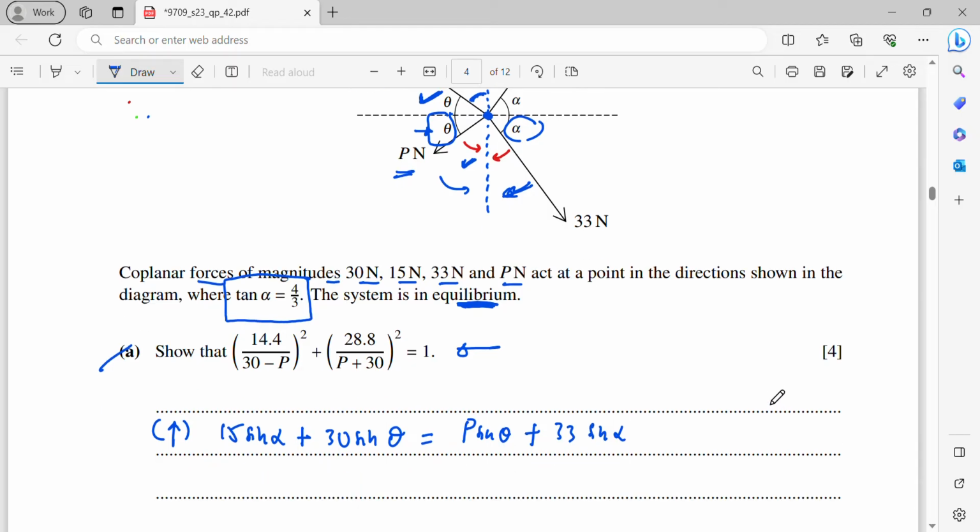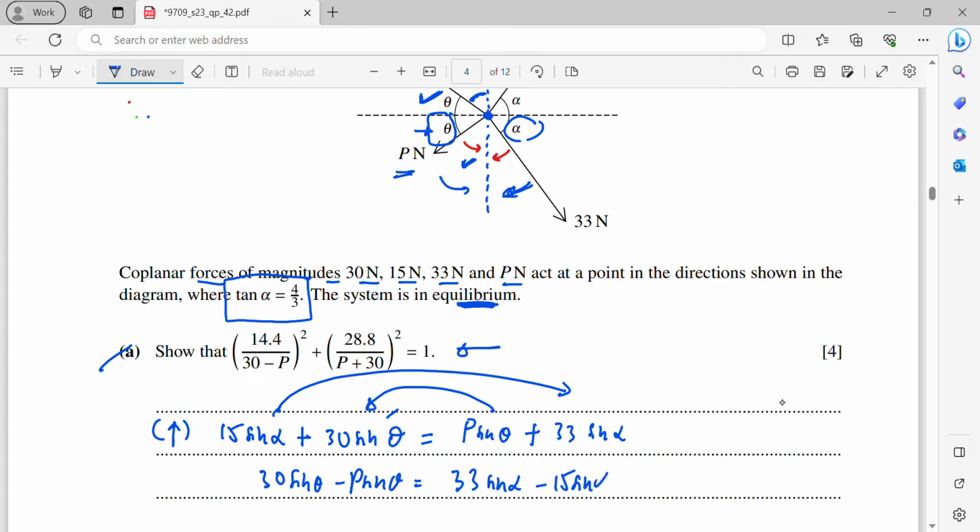Alright, so now you are given sine theta and sine alpha on both sides. Therefore, I will group it first. I will move the P sine theta to the left hand side and the 15 sine alpha to the right hand side. So I will get 30 sine theta minus P sine theta equals 33 sine alpha minus 15 sine alpha.